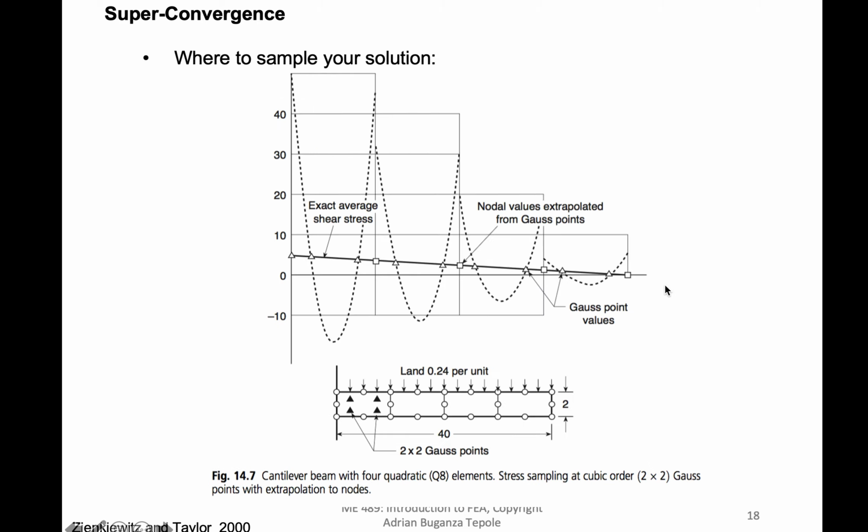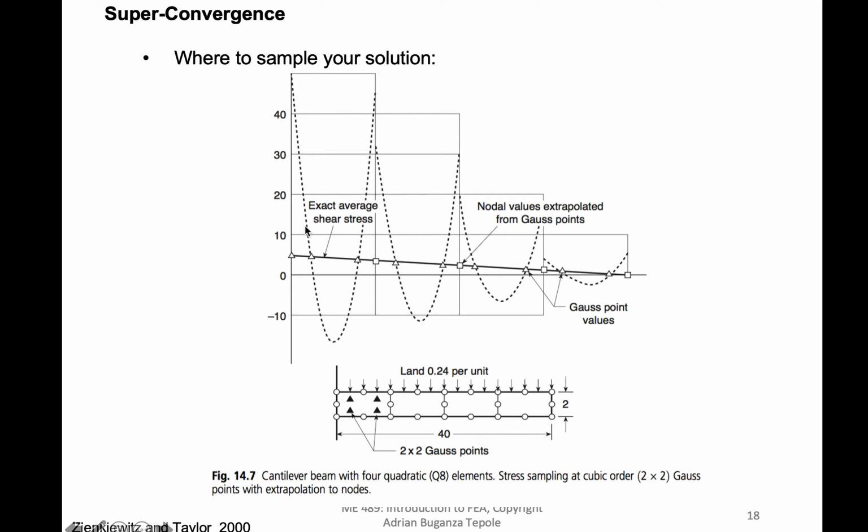Another example, and this should look familiar from the lab that we did. I think this was lab 5, I want to say, the finite element selection. So here you have a cantilever beam with some load at the top, and let's say we're interested in the shear stress with these quadratic elements.